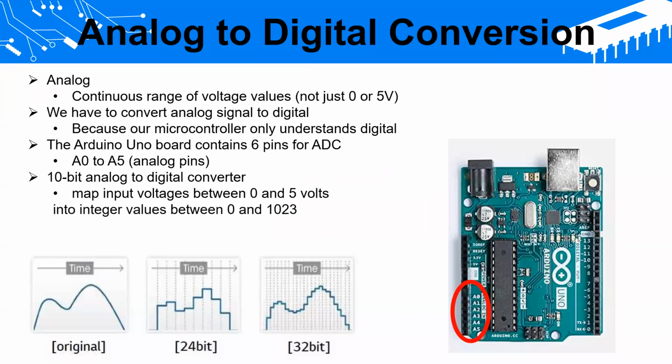It is basically reading a voltage, so it's mapping the 0 to 5 volt range to 0 to 1023. So by using simple math, if you are reading a value like 500 or whatever, you can do some math and find the voltage.